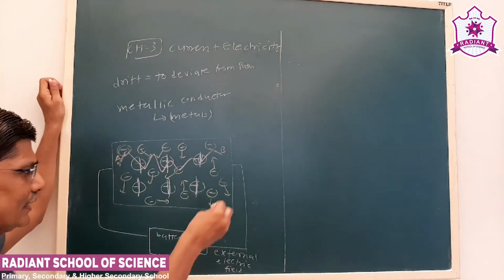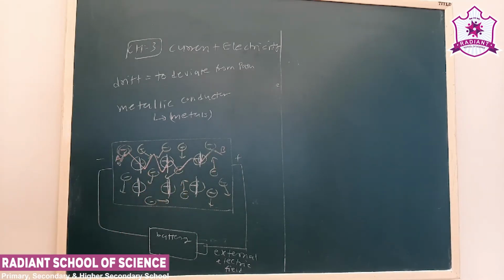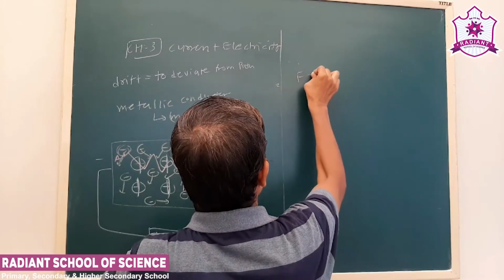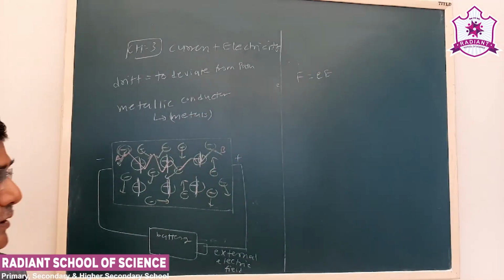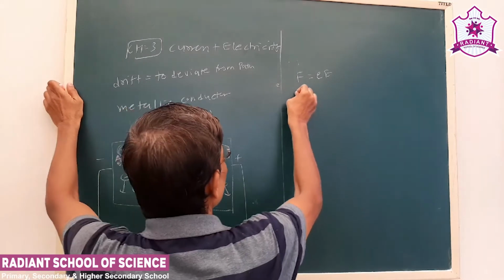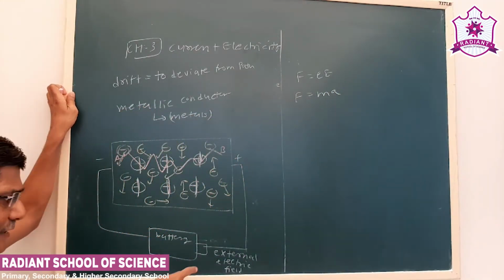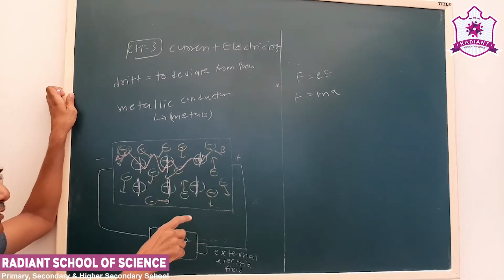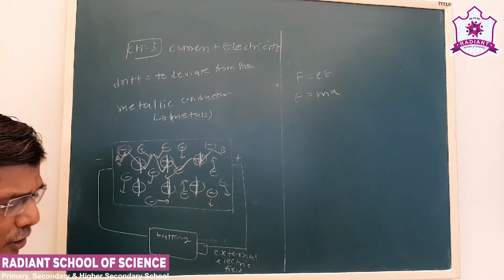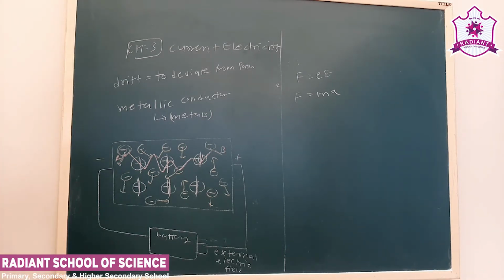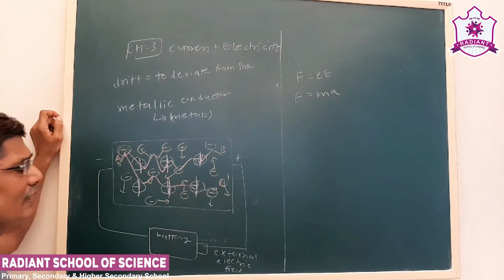The charge of the electron is negative, and here there is the positive terminal of the battery. So the electron will experience a force. F is equal to QE, or here the charge of the electron is e. Now we also know F is equal to MA. So because of this external field, the electron will experience force and it will have accelerated motion. So instead of moving on this AB path, let us say it has moved to the AB dash path.